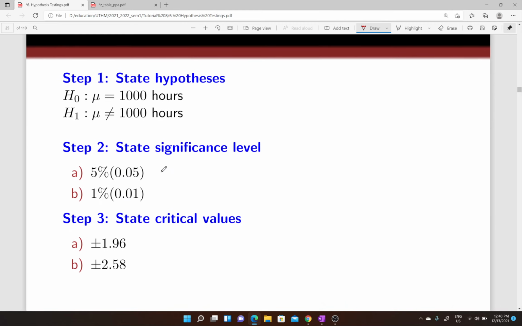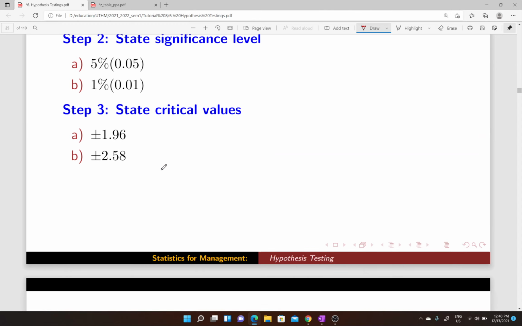So you write the critical values like this.